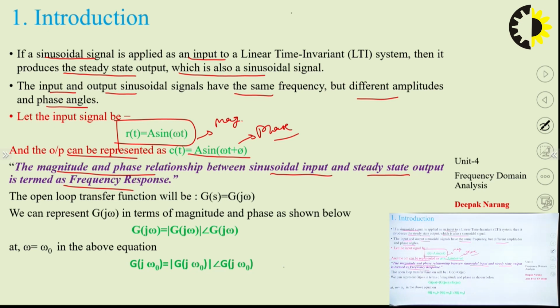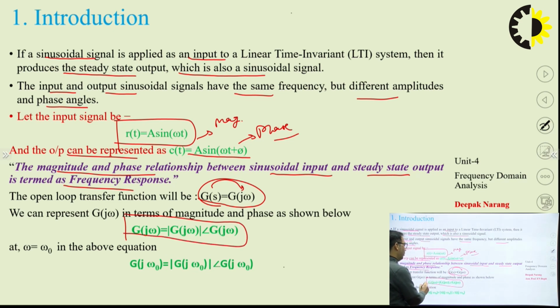And in frequency domain, we replace s by j omega. So we represent the open loop transfer function G(s) as G(j omega). So we can write in frequency domain, G(j omega) is a combination of magnitude and phase, that is mod of G(j omega) and angle of G(j omega).